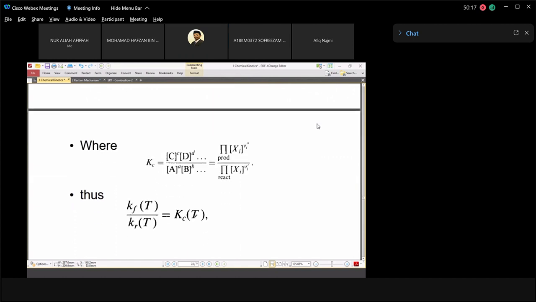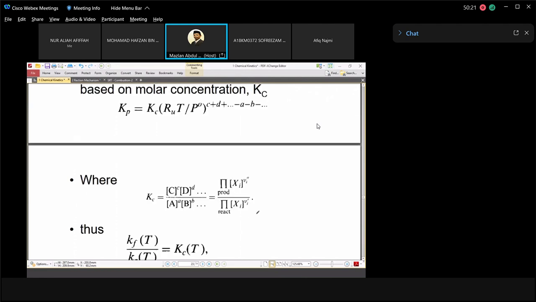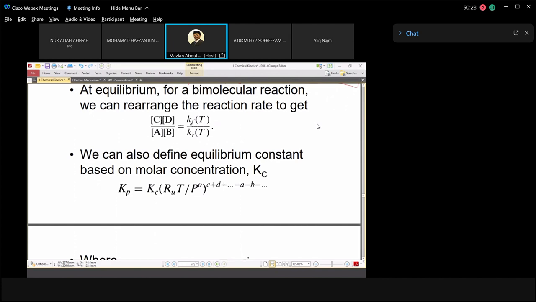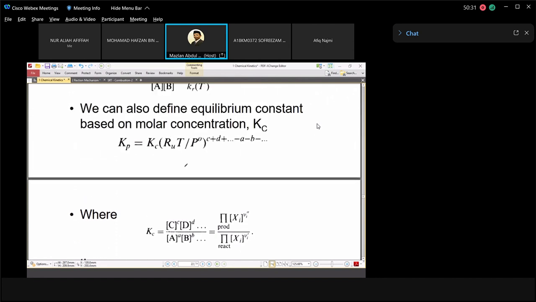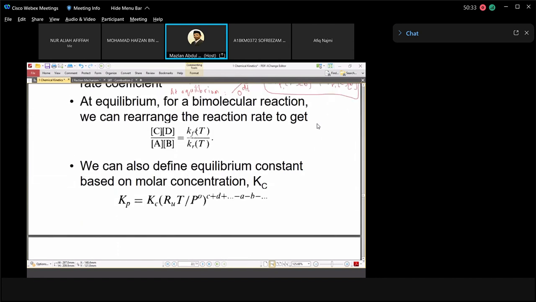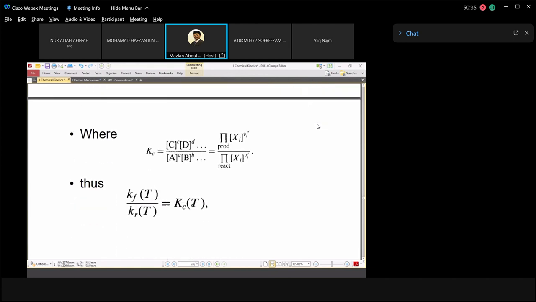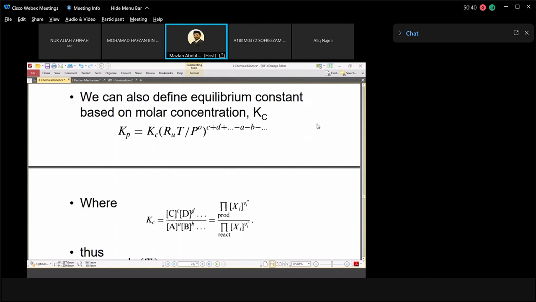So for the forward reaction and reverse reaction here, this is equivalent to Kc, which is the same thing. KF over KR is equal to Kc, which is CD over AB to the power of this one.